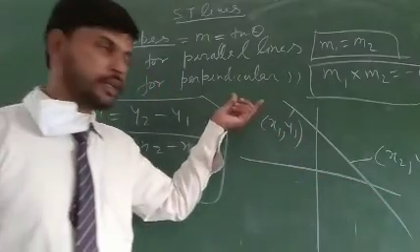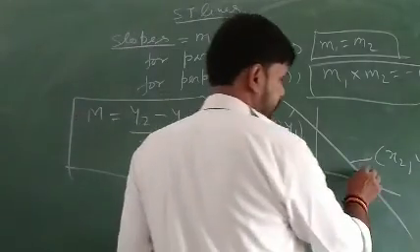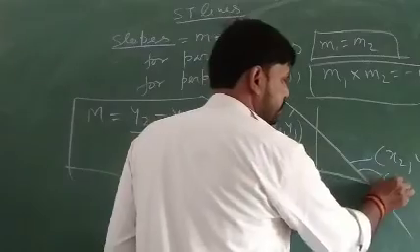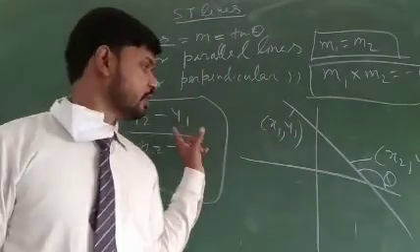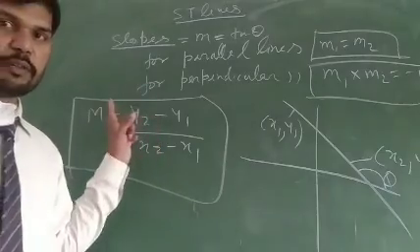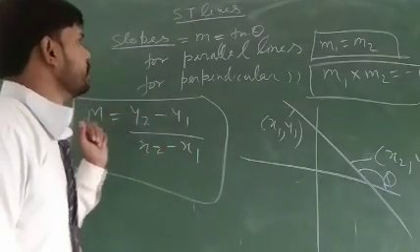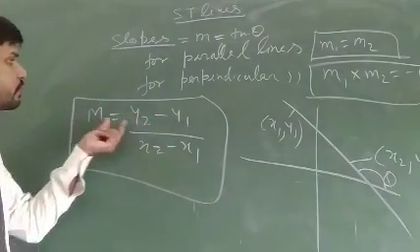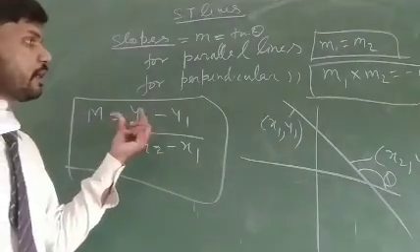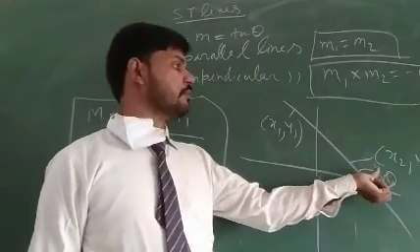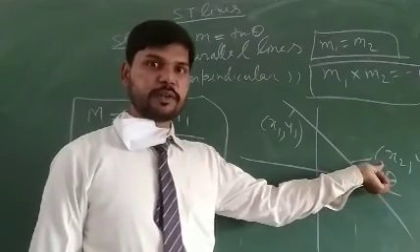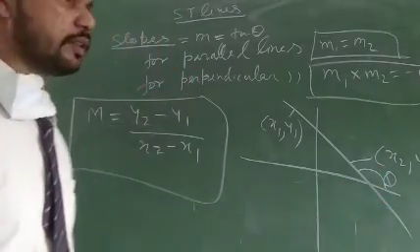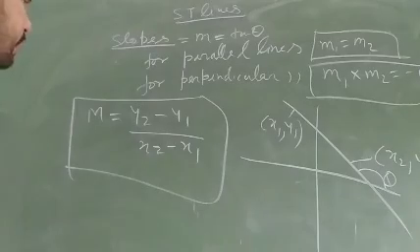The same slope will be found when you take theta with the positive direction of the x-axis. In both cases, you will get the same slope: m equals to y2 minus y1 upon x2 minus x1, or by taking the help of theta, tan theta will also give the same slope.